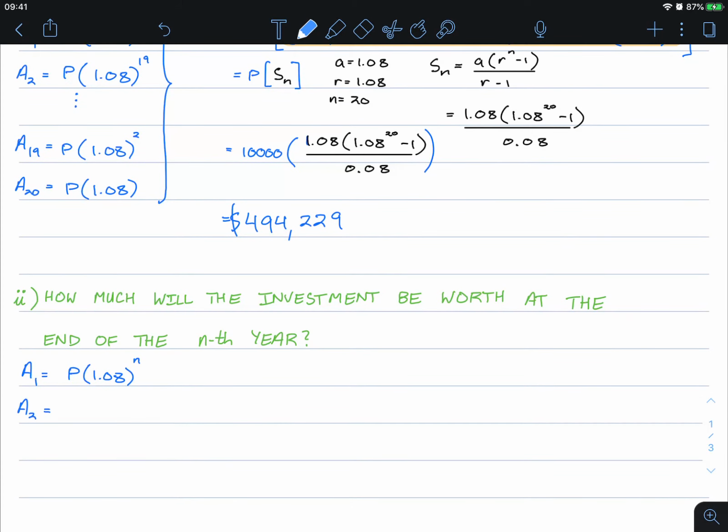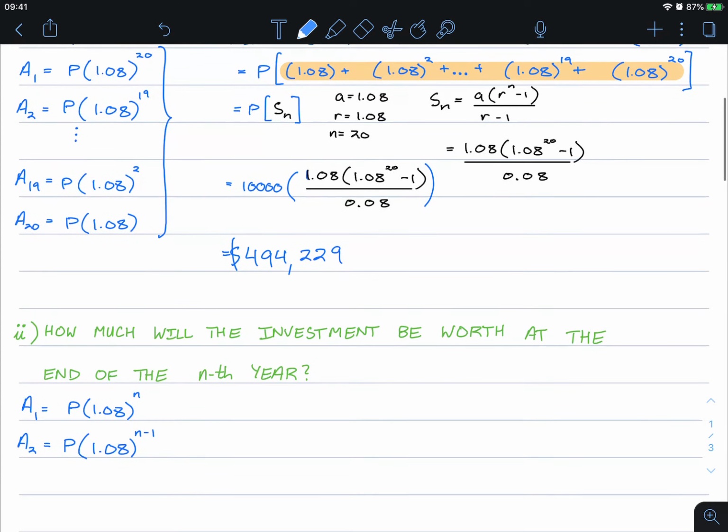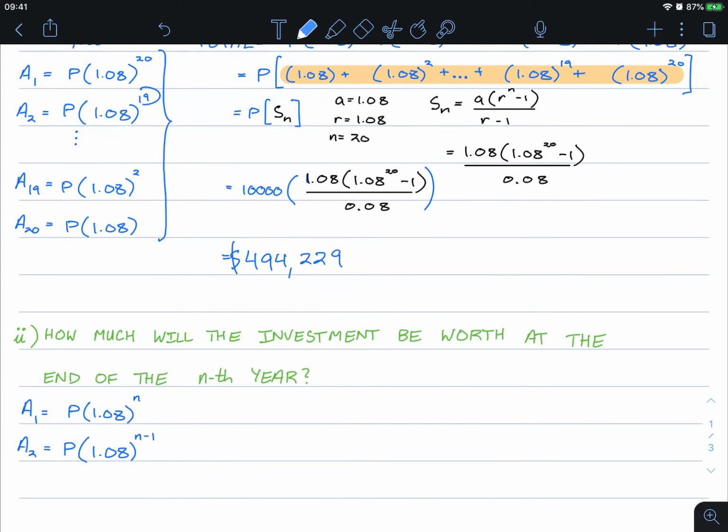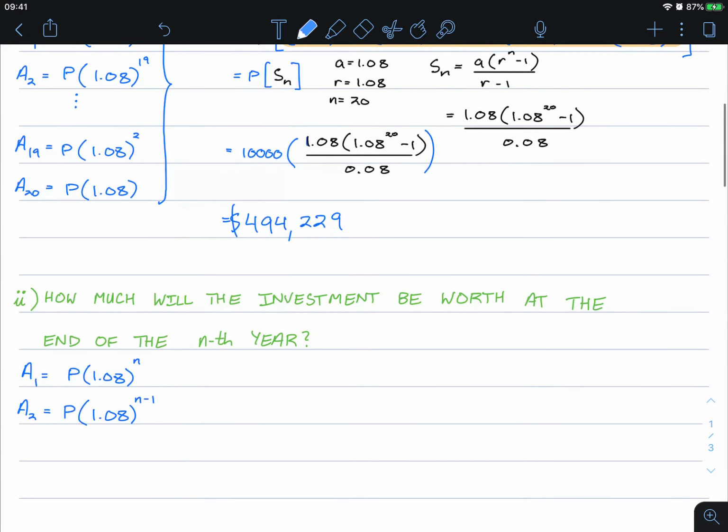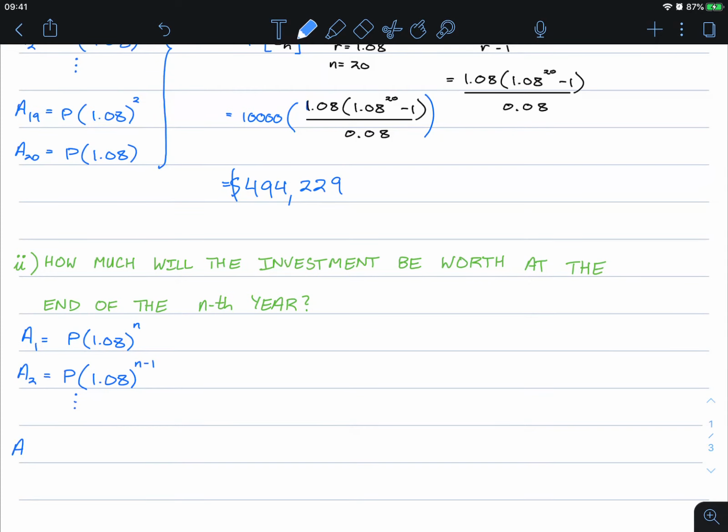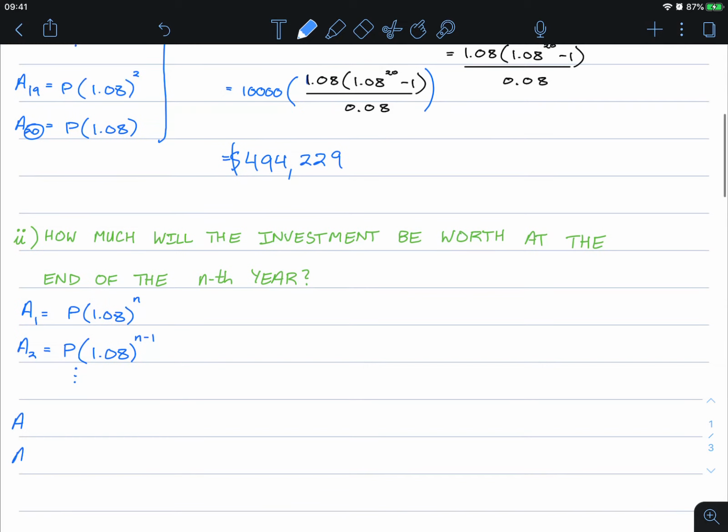For the second investment, it's P times 1.08 to the power of n minus 1, because if it was 20, the next year is 1 less. So n minus 1. We're going to the 20th investment, so eventually we're going to have the nth investment. But the one just before that is the n minus 1 investment.